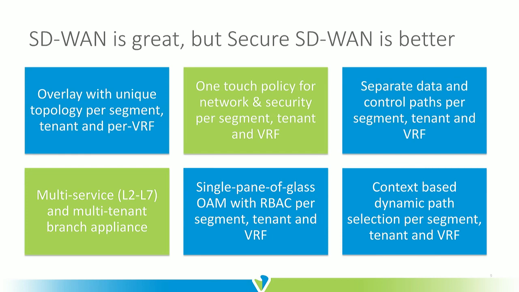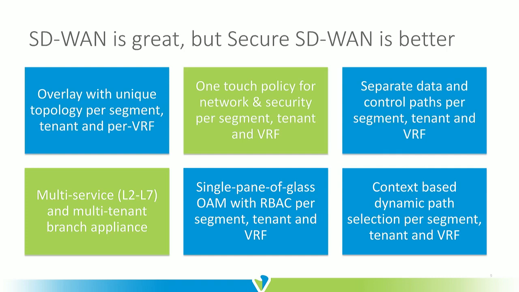Being able to do policy for both network and security on a per tenant or per segment basis. Not necessarily just per tenant, where a tenant may have multiple VRFs or multiple segments, but being able to do it across the board. Same thing as it relates to data and control paths: having separate data as well as control paths on a per segment, tenant, and VRF basis.